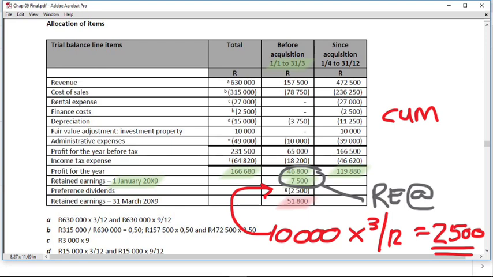But now you have the retained earnings of S at acquisition date attributable to the ordinary shareholders, and you have the profit of S since acquisition date.